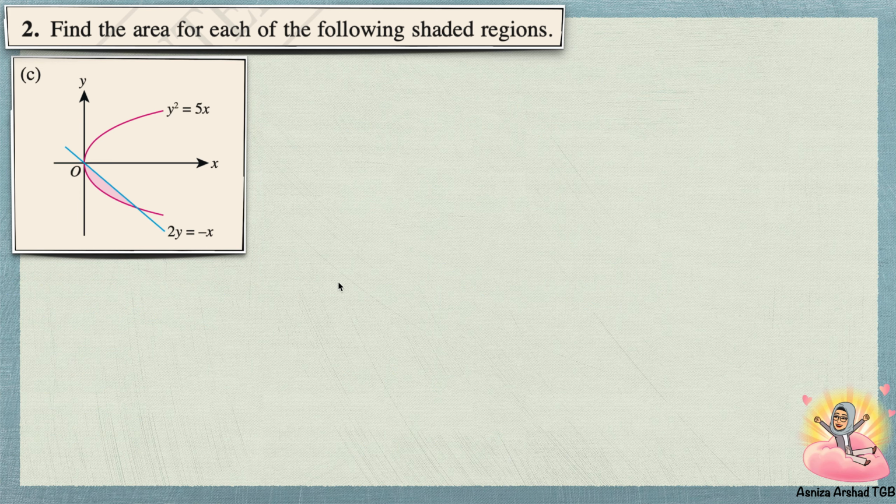Area 1 will be the integral from negative 1 to 0 of negative x minus x squared dx. Area 2 is below the x-axis, so we have to write the integral in absolute value brackets, from negative 1 to 0 of the cubic function negative x cubed minus x squared dx.